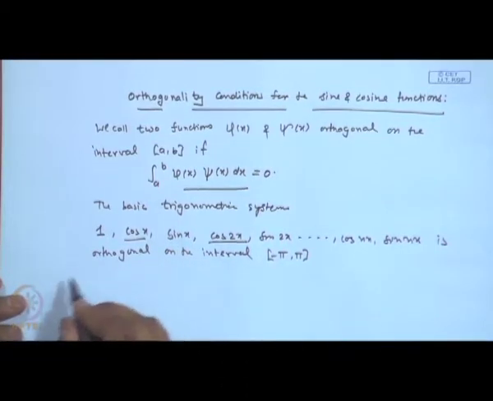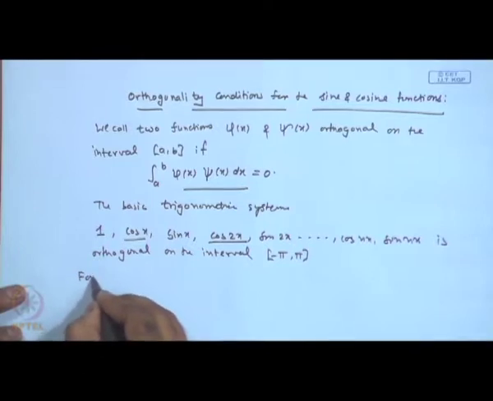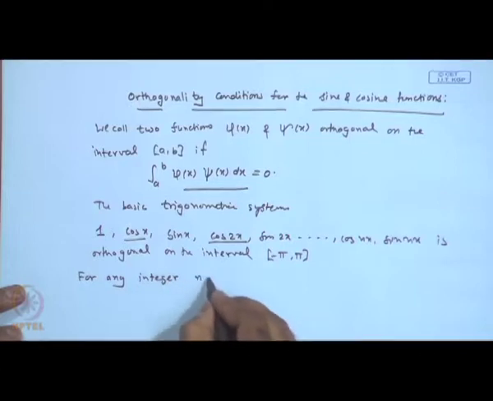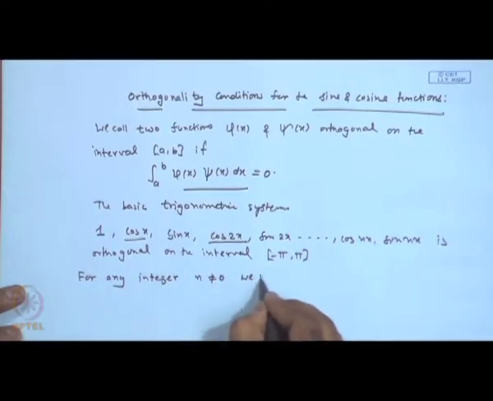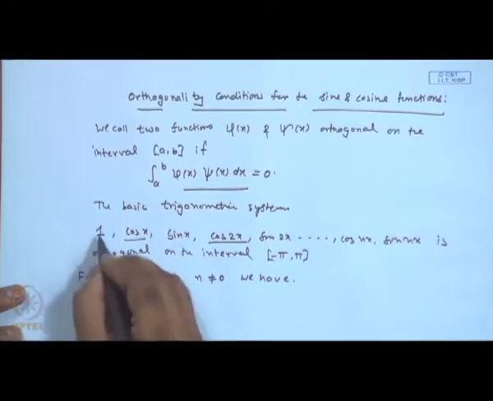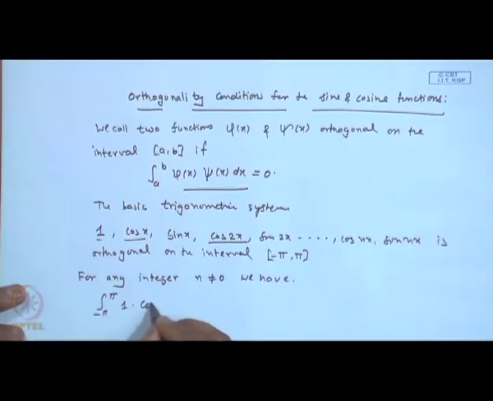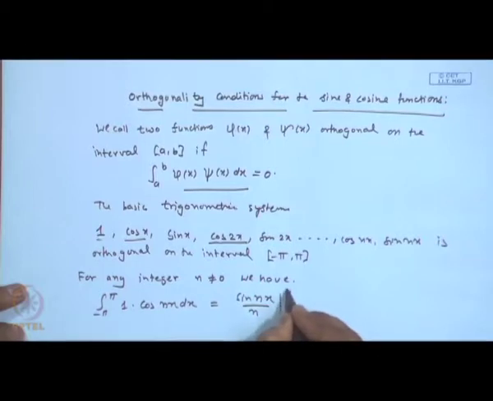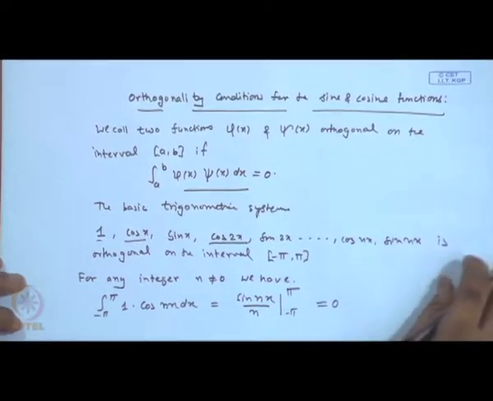So, let us go through the proof quickly. For any integer n not equal to 0, we have the integral from minus pi to pi of 1 times cos nx dx. This is sin nx over n from minus pi to pi, and sin n pi is 0, sin minus n pi is 0. So, we get here equal to 0.